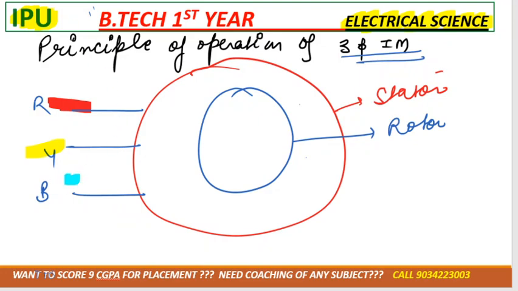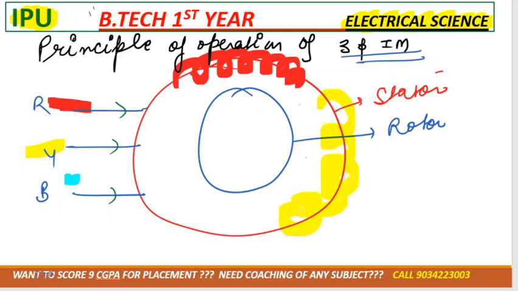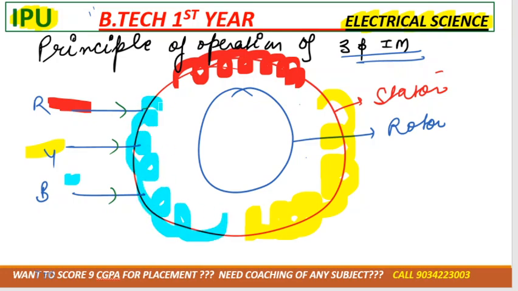So as you can see, we are providing the three-phase supply, three different wires and three different currents. So that wire is connected like this. Here R is connected, R winding is connected over here. Similarly, yellow color winding is connected, and similarly the blue wire is connected to the stator winding like this.